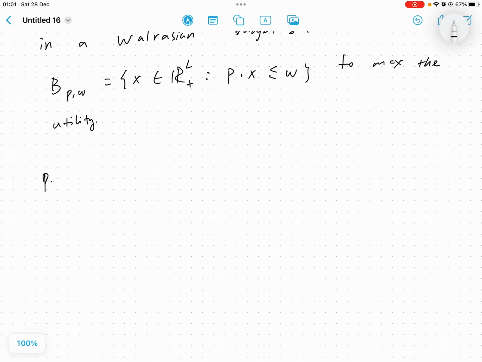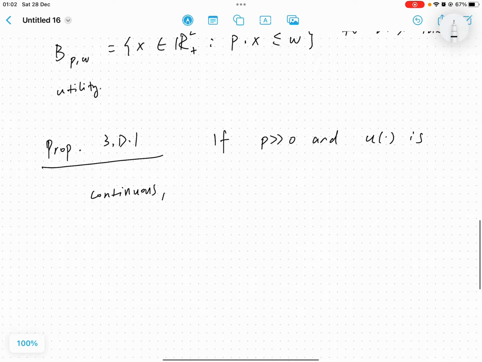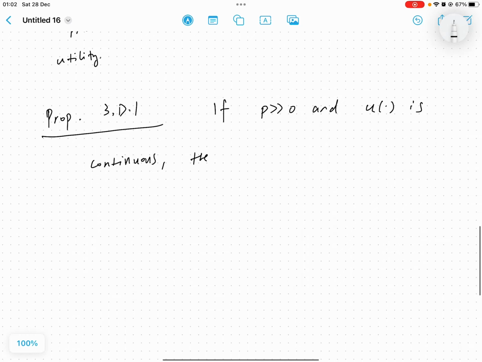So this is Proposition 3.D.1 in the textbook. It says that if the price is greater than 0 and the utility function is continuous, then the UMP problem has at least a solution.